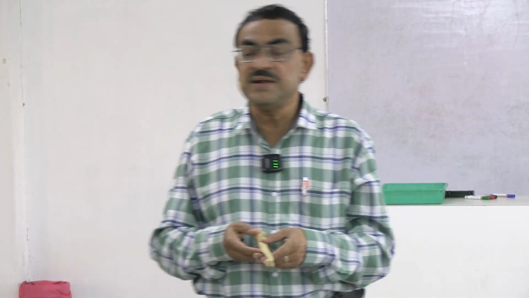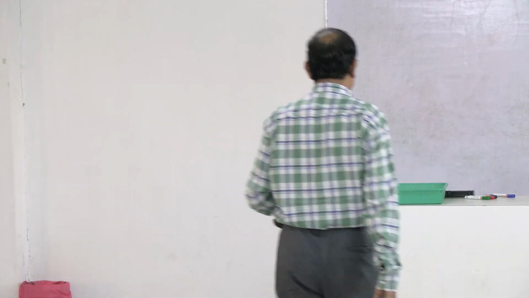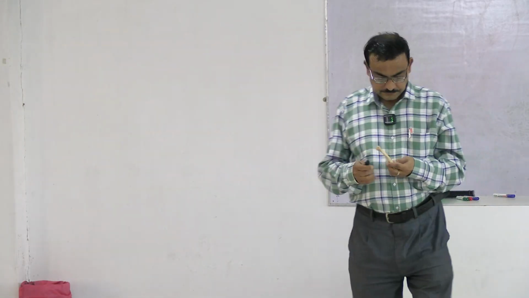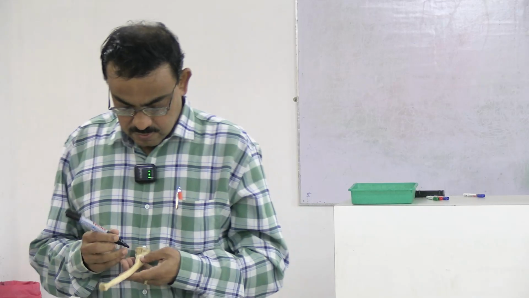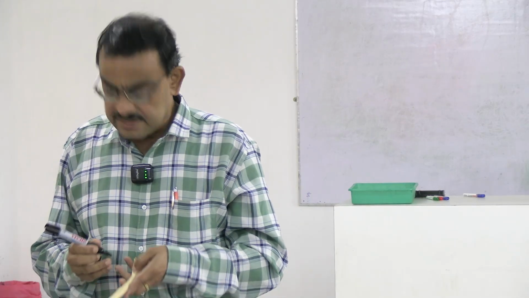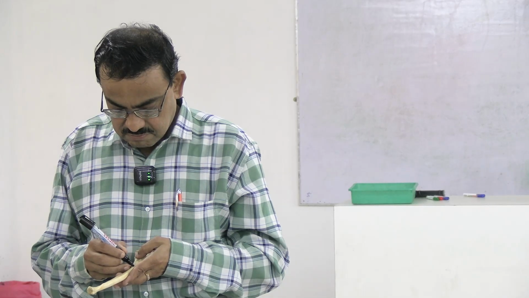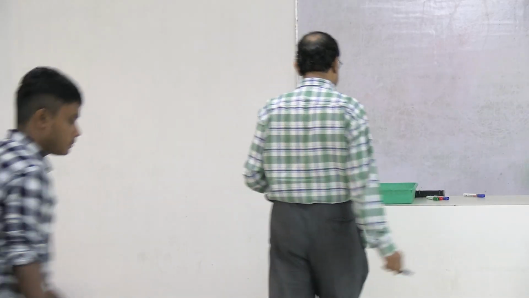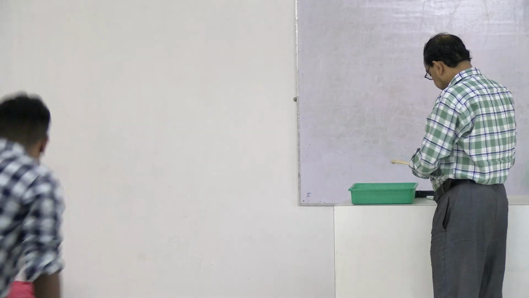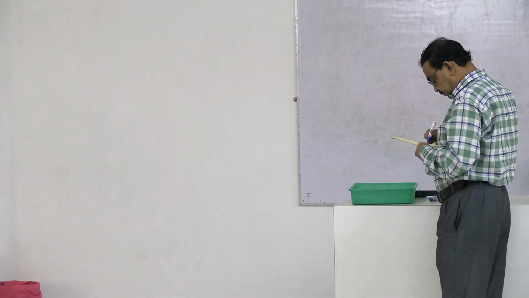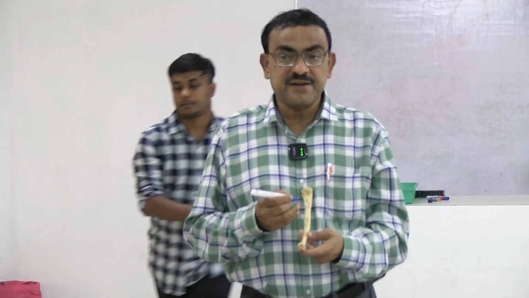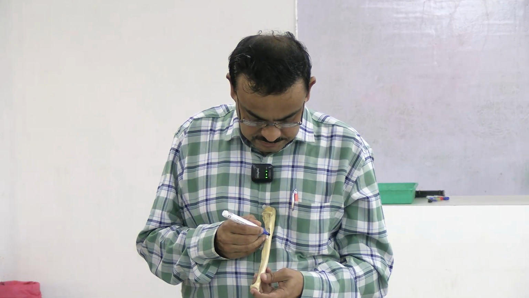Now from where will I trace it? This is the ulnar tuberosity, and just below the ulnar tuberosity we can trace this border going down.